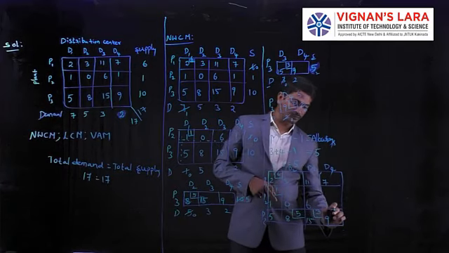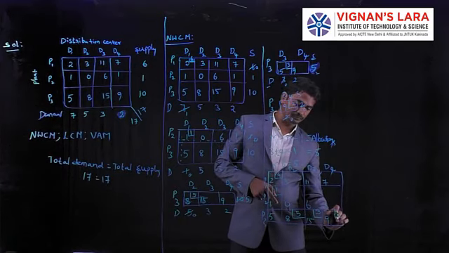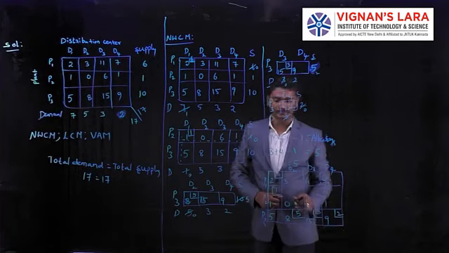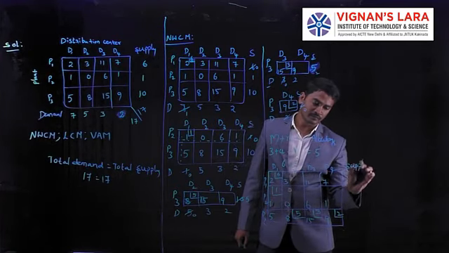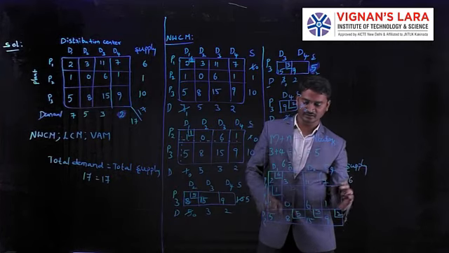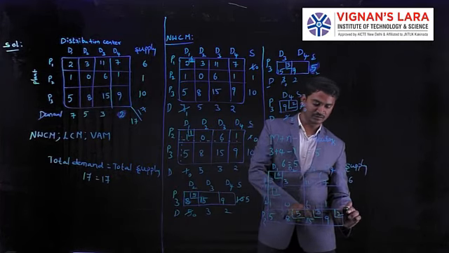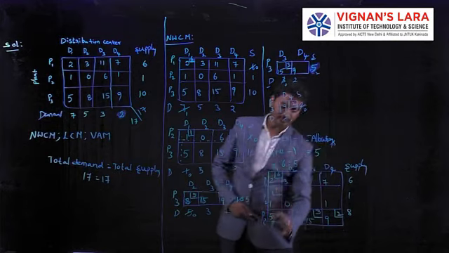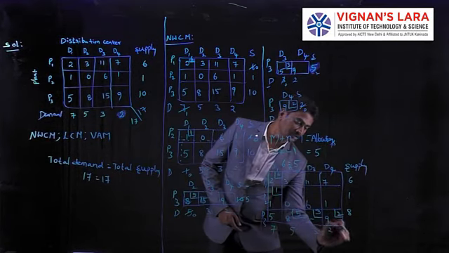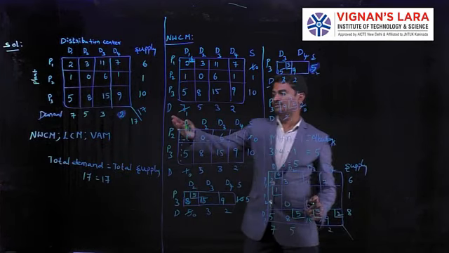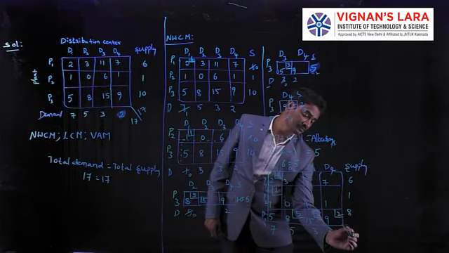Next P3 D4 is 2. Okay, here the total supplies are, from this 6 units we get here 1, here 5, 3, 2, 8 and 7, 5, 3, 2. The given supply and demand are satisfied here also.